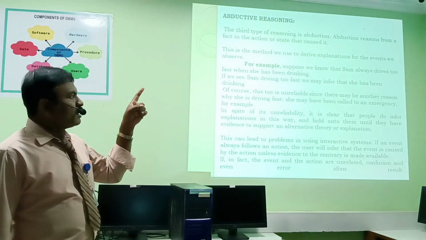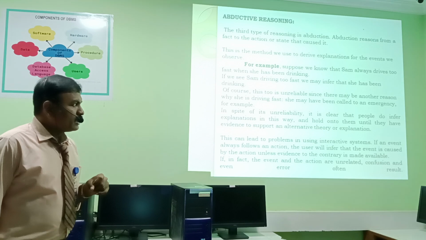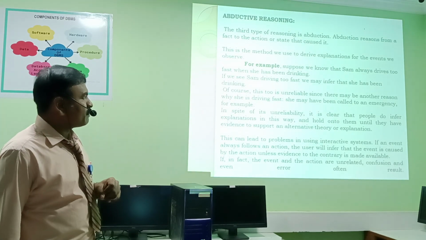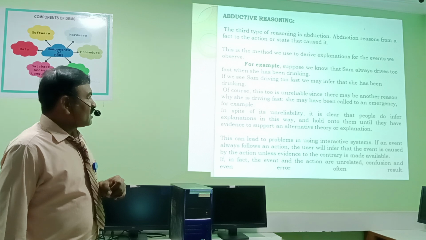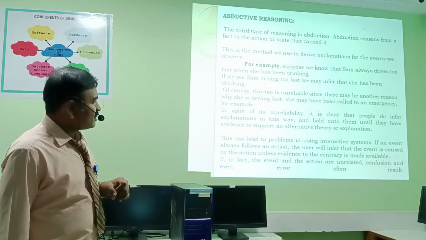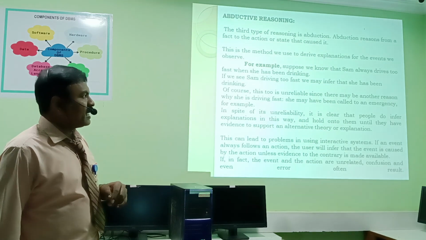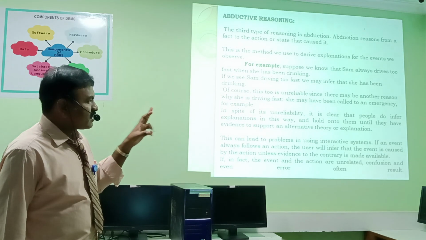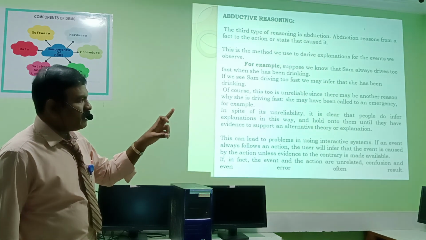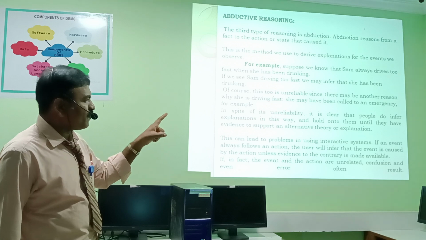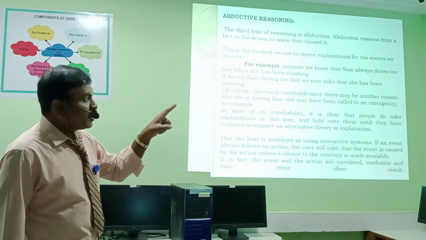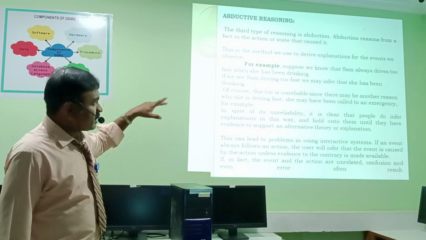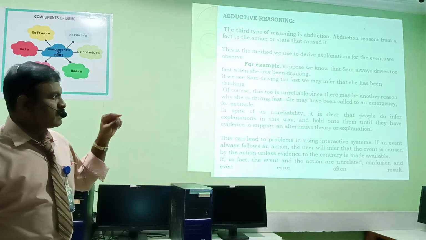For example, we know that Sam always drives too fast when she has been drinking. If we see Sam driving too fast, we may infer that she has been drinking. Of course, this is too unreliable, since there may be another reason why she is driving fast. She may have been called to an emergency. Here we specify some statements.